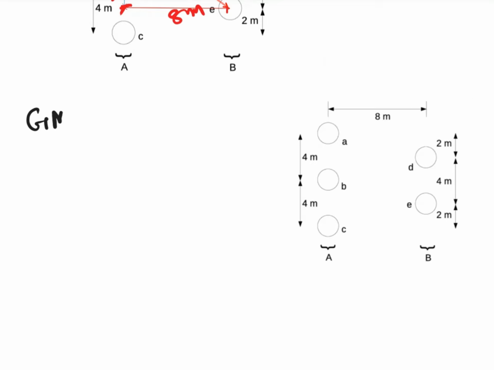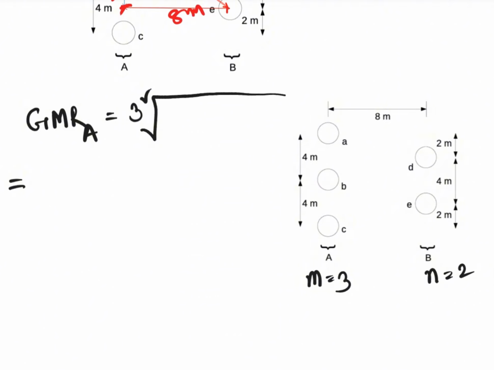So GMR for circuit A, and here the number of conductors or cables, let's say M is equal to 3, and for B, N is equal to 2. So GMR A is equal to, so the value of M is 3, so 3 square root, and of course here will be 9 different distances, right?